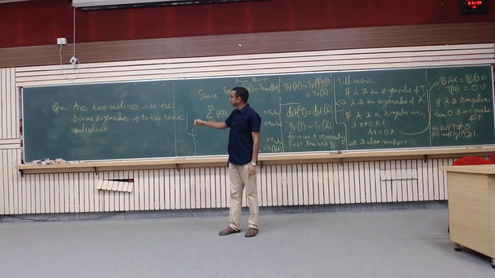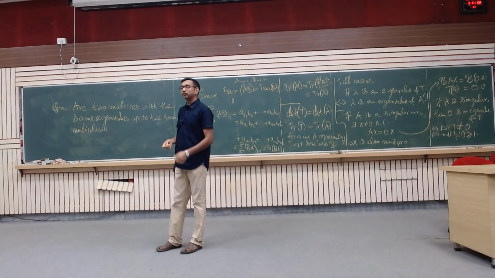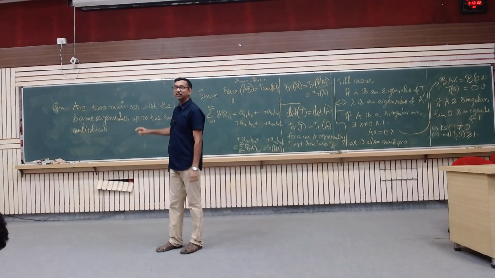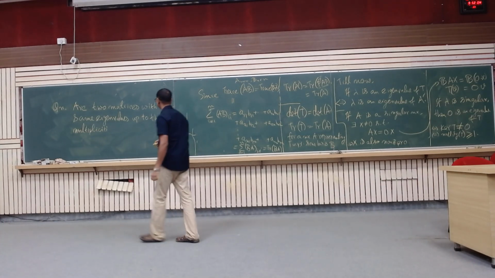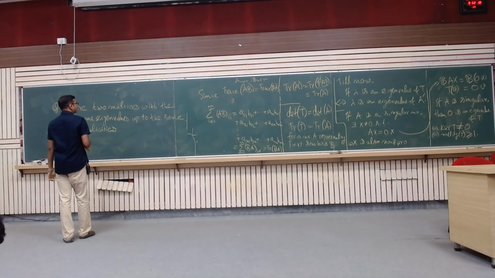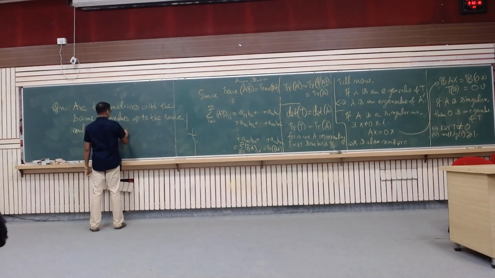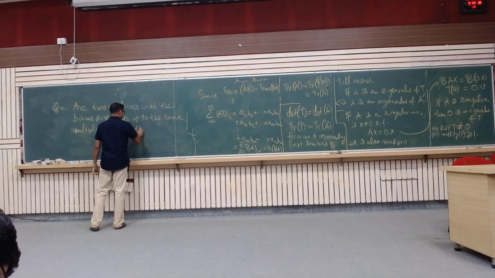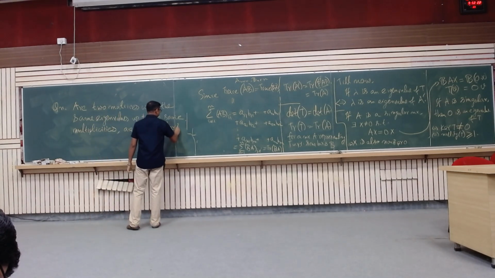Soon we are going to define two kinds of multiplicities, but here we are just meaning the number of times it is repeated as a root of the characteristic polynomial. Up to the same multiplicities, are they similar?